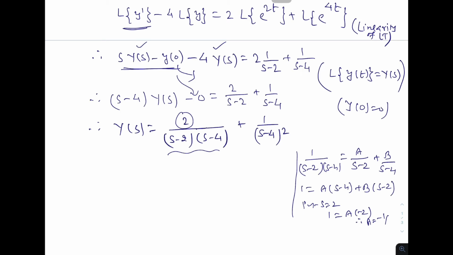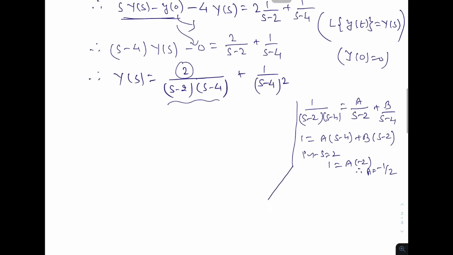This is the part of your example, you should write in the paper also. Put s equal to 4: 1 equal to B into 4 minus 2, so B equal to 1 by 2. So here the 2 is there, that we have not taken, so you should take care.